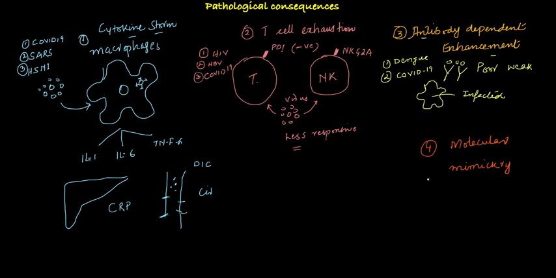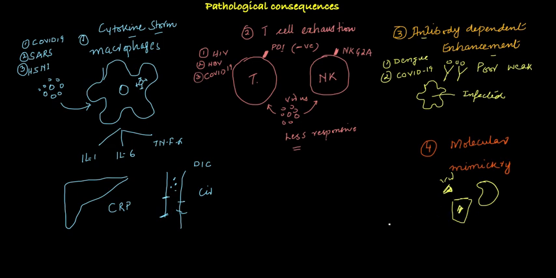And one last thing is molecular mimicry. Sometimes there is a similar shape between the antigen of a virus and a body structure. So either the kidney or the heart may have some protein that is similar to the viral shape.